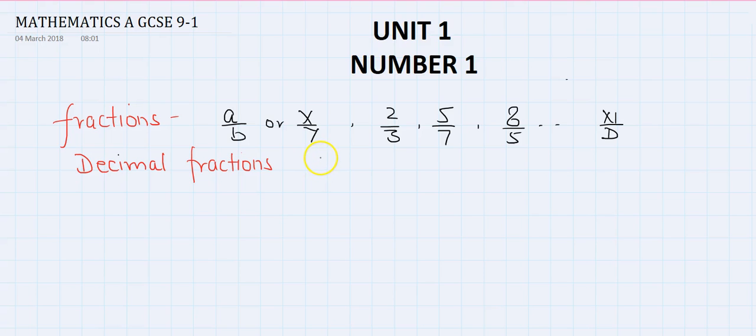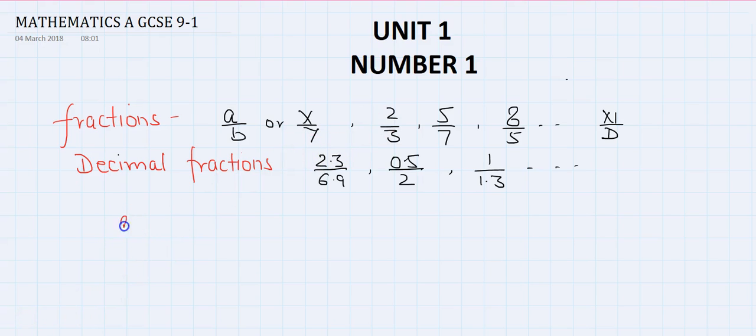For example, 2.3 over 6.9, or 0.5 over 2, and 1 over 1.3. These are examples of decimal fractions.